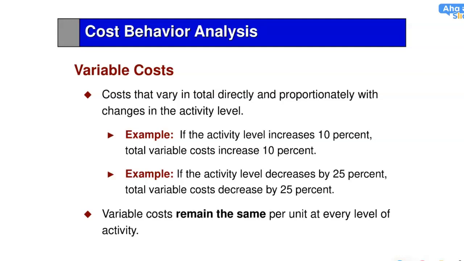Proportionally means that if the activity increases 10%, the total variable costs will increase 10%. If the activity level decreases 25%, the total variable costs will decrease by 25%. That is the definition of a variable cost.